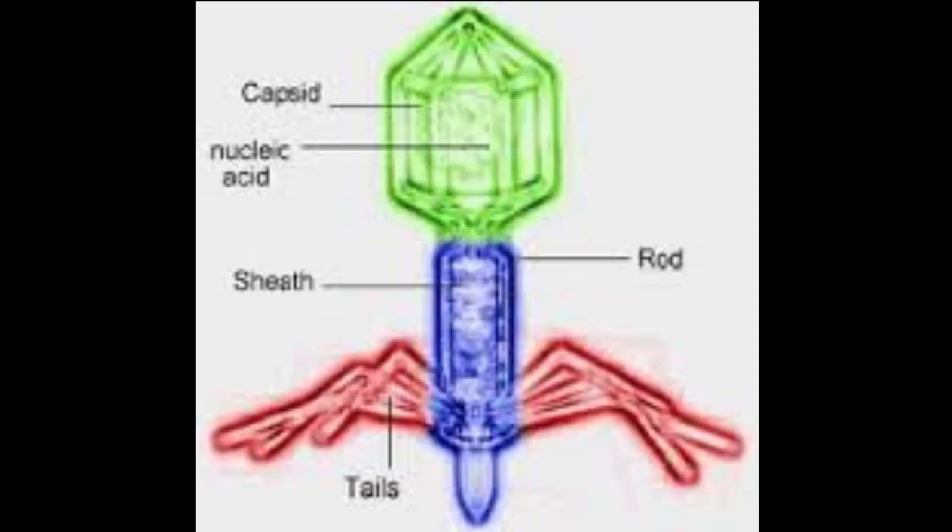And you can see, as colored in the picture, there are three main parts to this virus. The attachment site, which is the lower part, the blue and red part, and the capsid and nucleic acid, or DNA, which is in the capsid. The green part contains two other parts: the capsid that protects the DNA material contained within it.